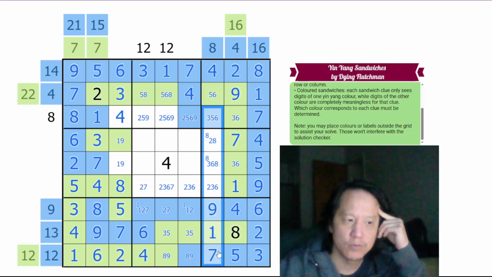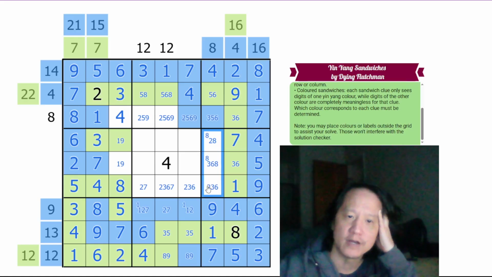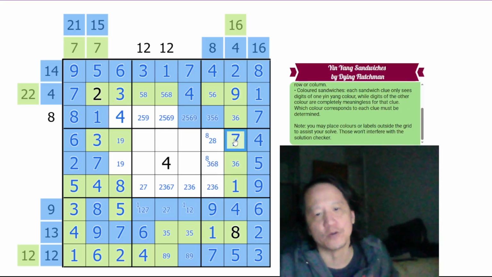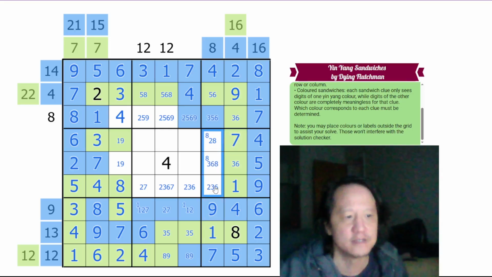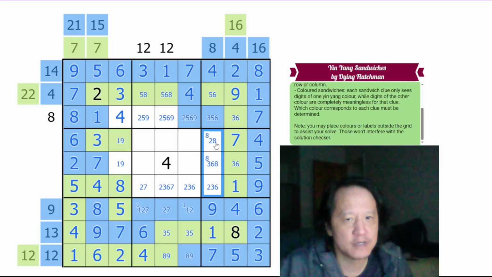If it's blue, so it cannot be 2, 6. You can't have 3, 5 for the same problem. You need a 2 to be surrounding the 3, 5. It's the same problem with the green, right? 5 cannot be here. So it has to be a singleton 8 as the blue.